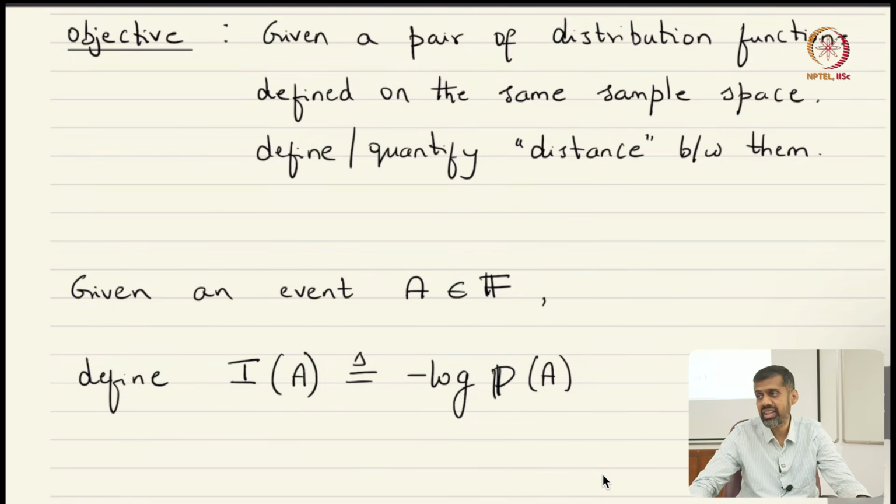And if there are two independent events A and B, the probabilities will get multiplied and the logs will get added. And there is a negative sign here, because the more likely the event is, the less the information has to be. So I of A is the negative of log of the probability associated with a particular event. In information theoretical language, it is called the surprisal of an event.